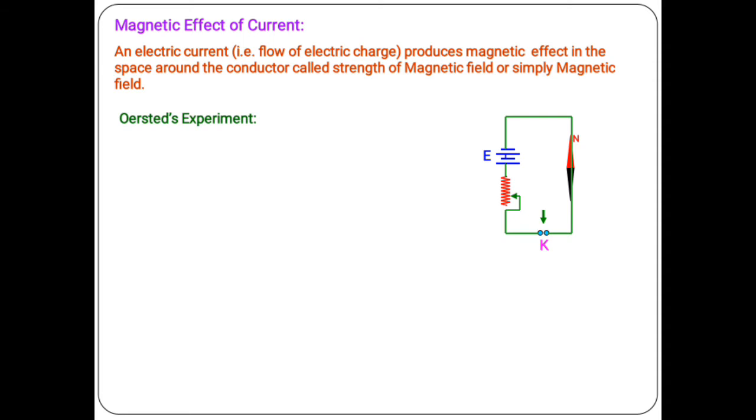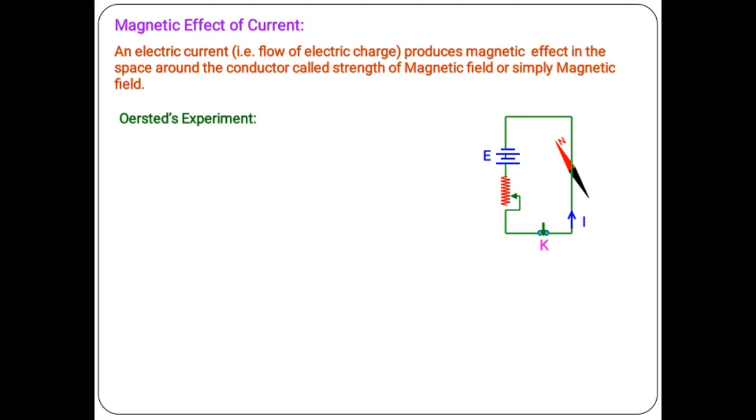When no current passes, there is no deflection. If current passes from south to north, the deflection arises like this. The compass needle is deflected from the normal position to the left side, that is towards the west direction.